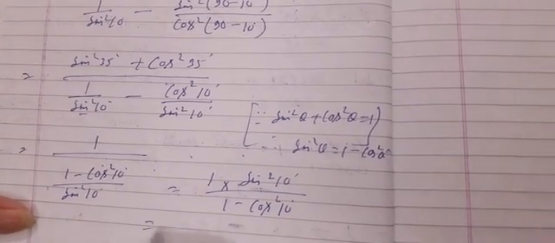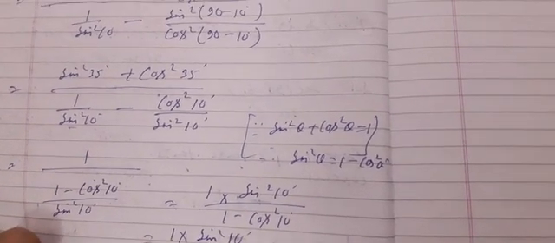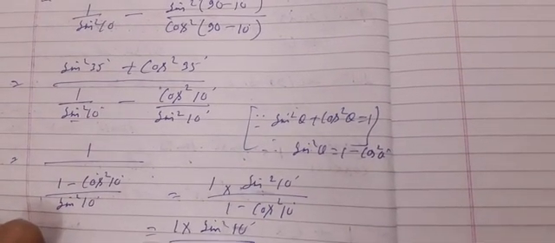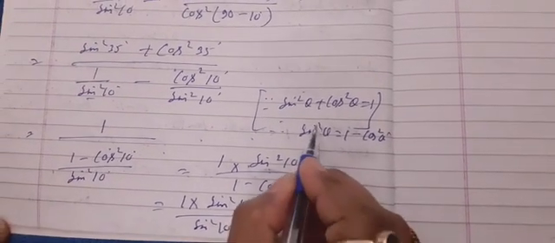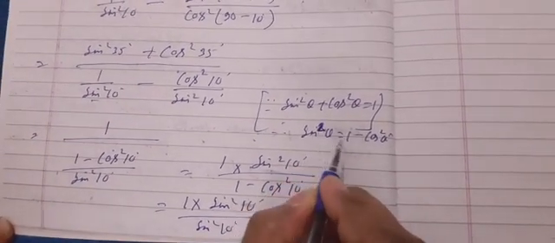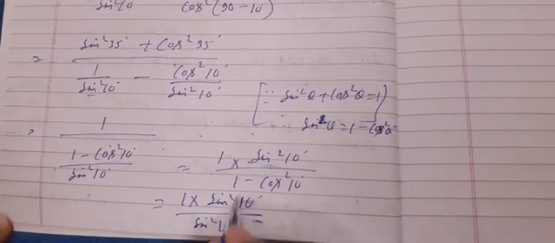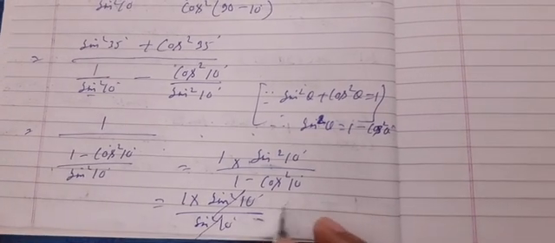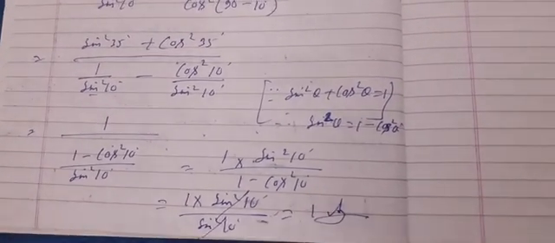So we are going to write 1 into sine square 10 degree, and this will be sine square 10 degree, because sine square theta plus cos square theta is equal to 1. So sine square theta is equal to 1 minus cos square theta, and we have used this value here. So now sine square 10 degree and sine square 10 degree cancel, so 1 is your answer.